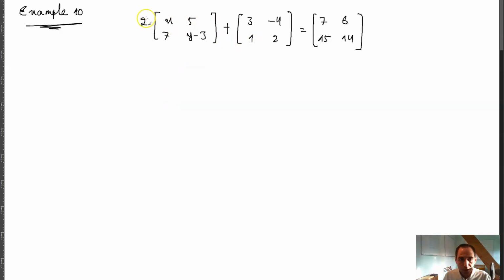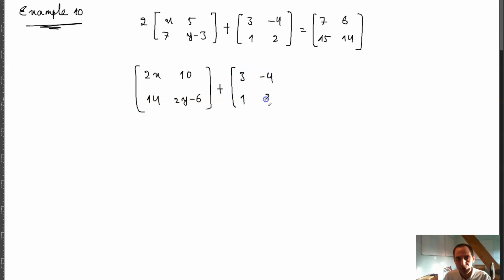So if you multiply 2 by this matrix, which is a scalar, we are allowed to do that, so we can say that basically 2x, 10, 14, and 2 times y minus 3 is 2y minus 6. That becomes the first matrix, plus the second matrix, which is 3, -4, 1, and 2, is equal to 7, 6, 15, 14.